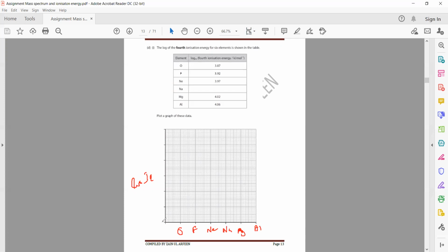For the scale to be more accurate, for example, the smallest value is 3.87 and the highest is 4. So if this is 3.8, then this will be 3.9, 4, 4.1.